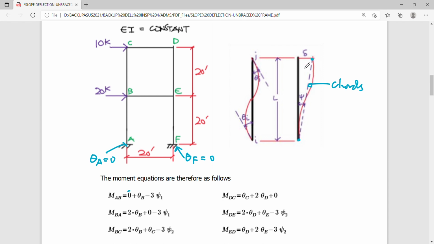So this is simply delta over L, but we use psi 1 to represent it. We make use of a chord representation, which will represent your psi 1 here, which are the same, and psi 2 here. So this will now be your psi 2.